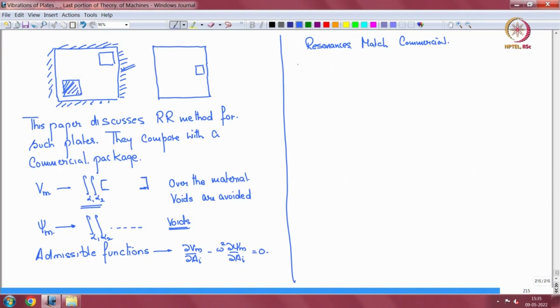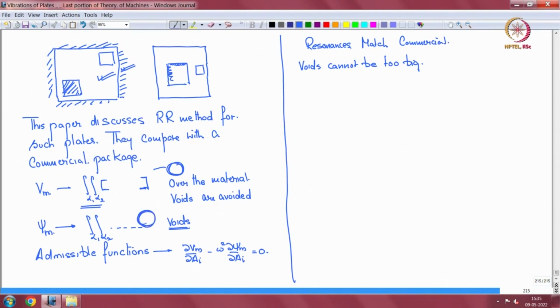Okay. There is some rule of thumb. The dimensions of the void cannot be too big. If the voids are too big, then you have to actually satisfy the inner boundary condition, which you are not actually doing in this method. You are just subtracting the potential or strain energy of that part and the kinetic energy of the same part.